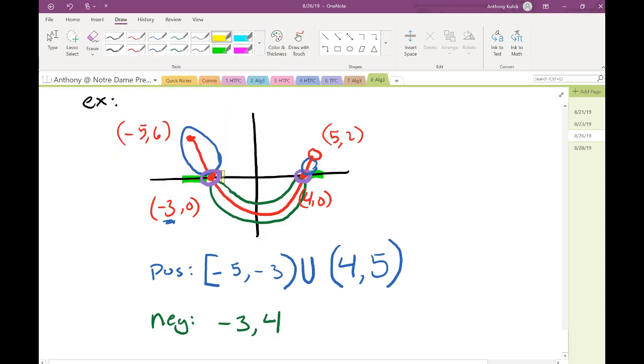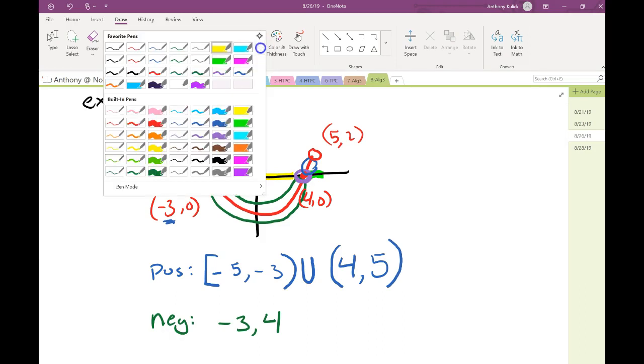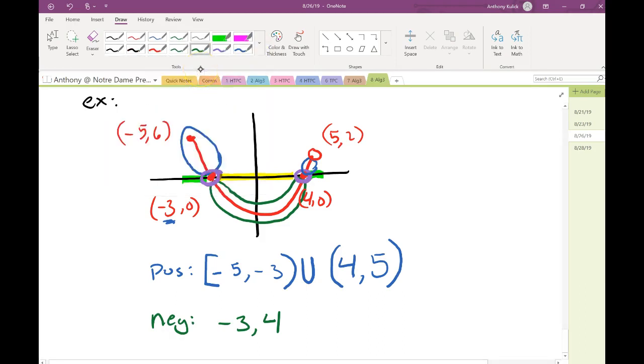We're just talking about this section there in the middle. If I look at the point that corresponds to that -3, is that below the x-axis? No. So it should get a bracket or parenthesis? Parenthesis. If I look at the point that corresponds to 4, bracket or parenthesis? Parenthesis.